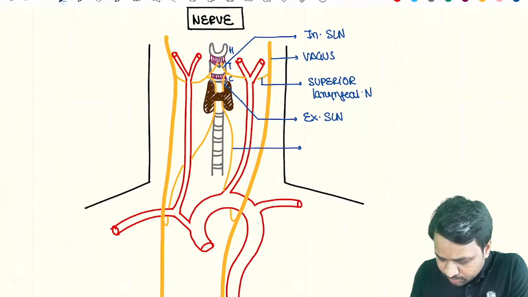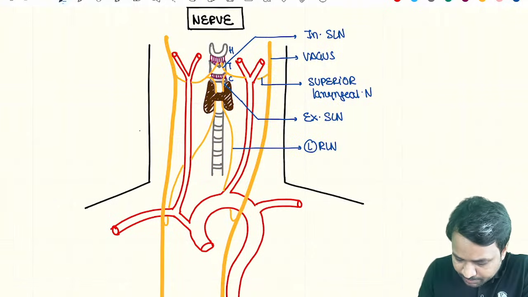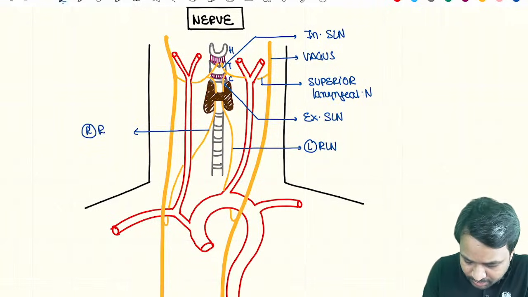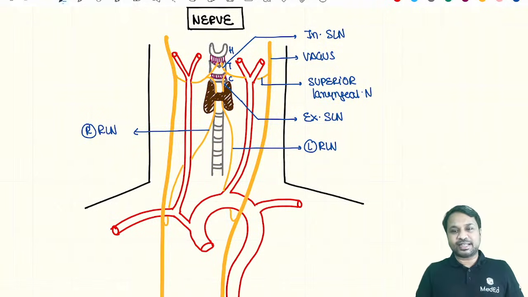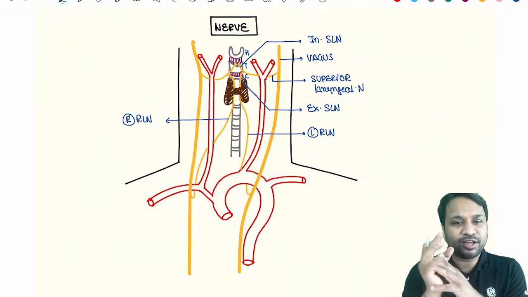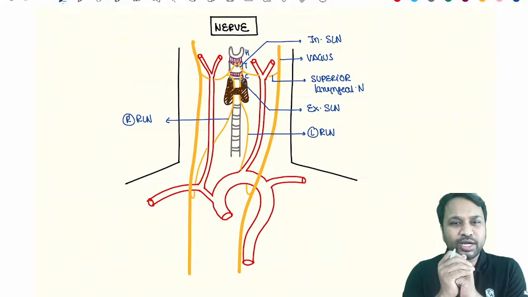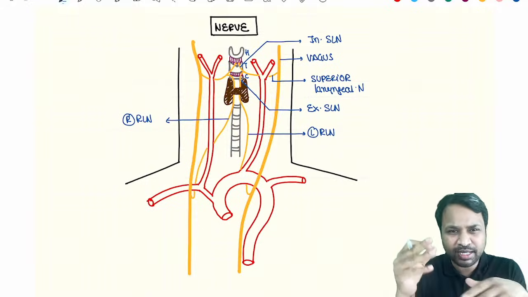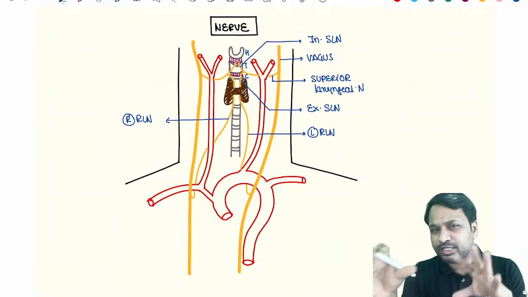Then you see this, right? This is your left recurrent laryngeal nerve, and this happens to be your right recurrent laryngeal nerve, right? Did you observe something interesting that has happened? If you observe carefully, the right and the left recurrent laryngeal nerves have a different orientation. One is encircling a particular vessel, the other is encircling a different vessel.